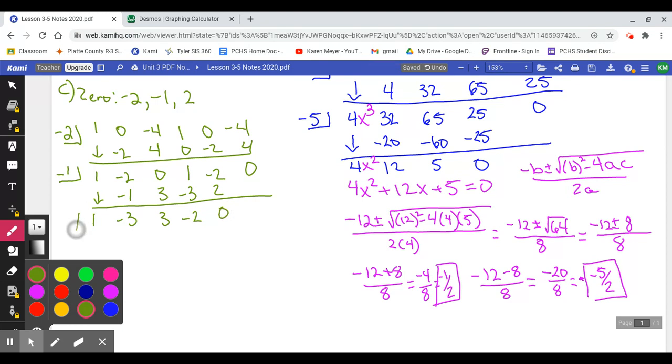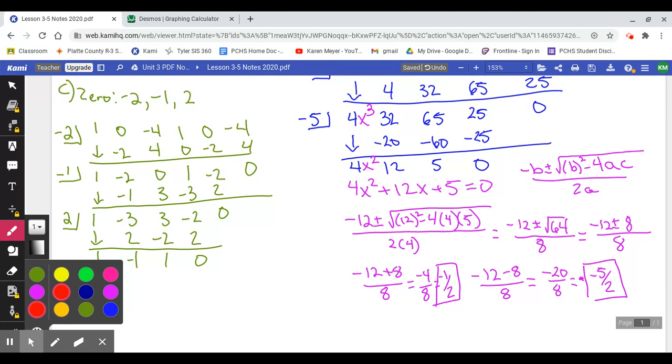And then synthetic division one more time with the number 2. So drop my first term, which is 1, multiply, add, multiply, add, multiply, and you get a remainder of 0.